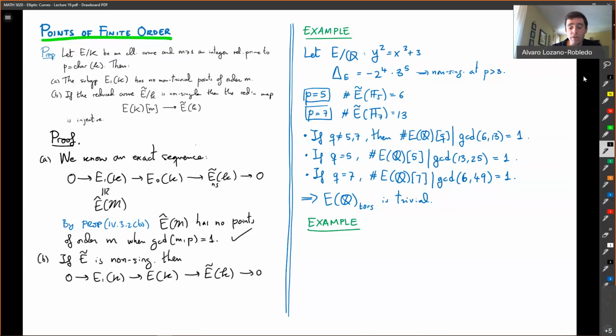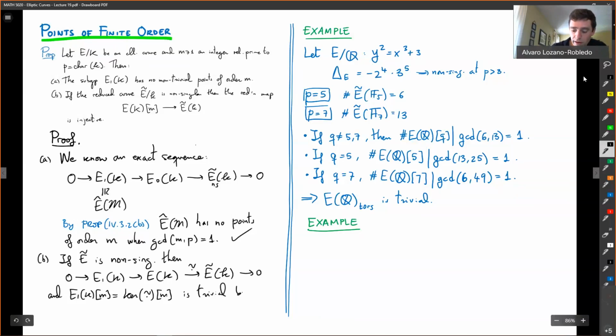But if there is no point of order M in the kernel, then the points of order M must inject. E1 is the kernel of the reduction map. The M torsion in the kernel is trivial by A, so it must mean that the M torsion actually injects.